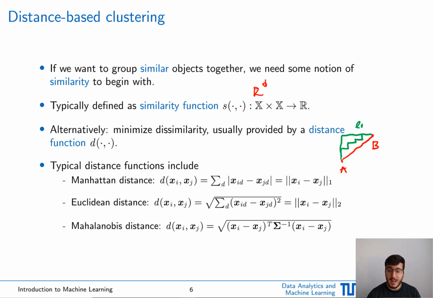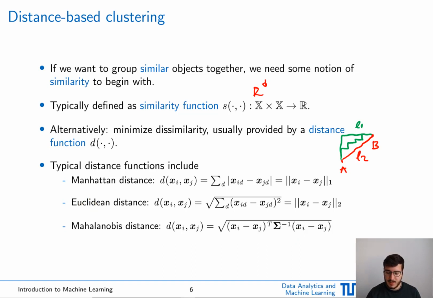This is why it's called Manhattan distance, because regardless of whether you take this path or any other path where you first walk in one direction, then in the other direction, and so on, all of these have the same L1 distance. While for the L2 distance, only the shortest path is the path that has the shortest distance. So this is the L2 distance here. And then we also have the Mahalanobis distance, which is a kind of generalization of the Euclidean distance.